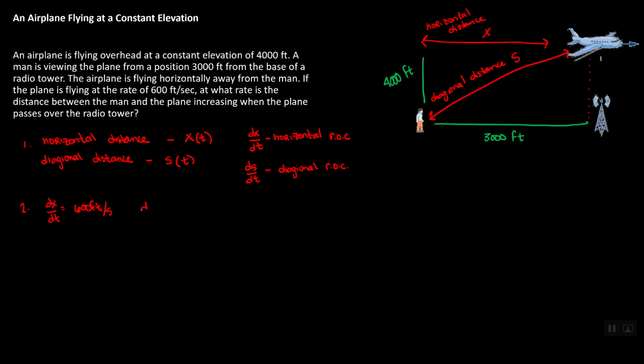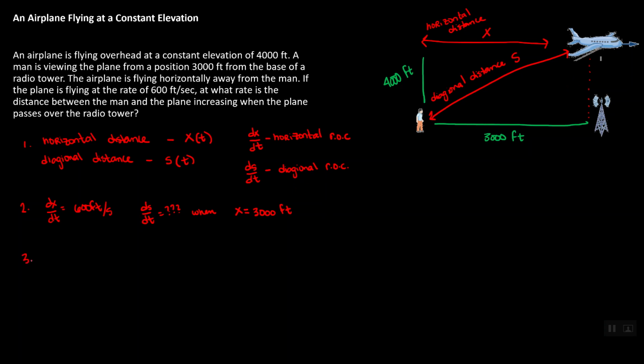So the thing we're solving for is ds/dt, and we would like to know what that equals when that horizontal distance is equal to the distance between the man and the radio tower. Because when that horizontal distance x is 3,000 feet, then we know that the plane is right above the radio tower.